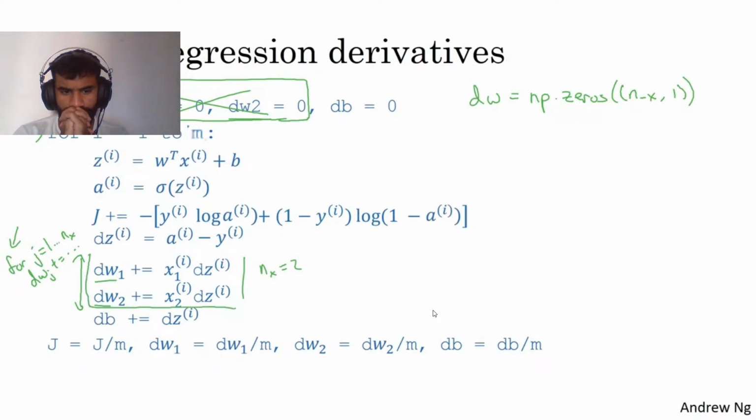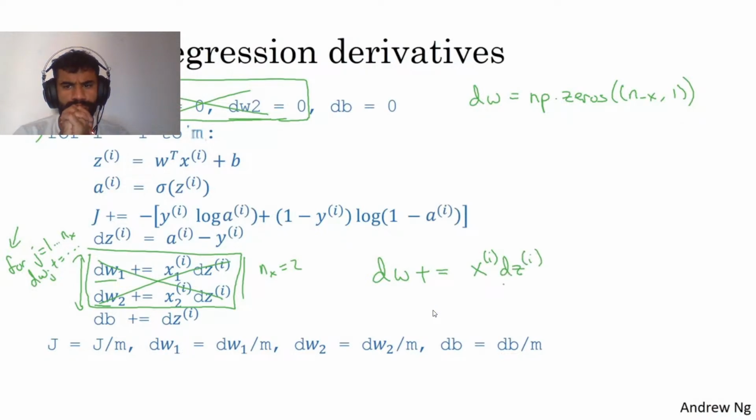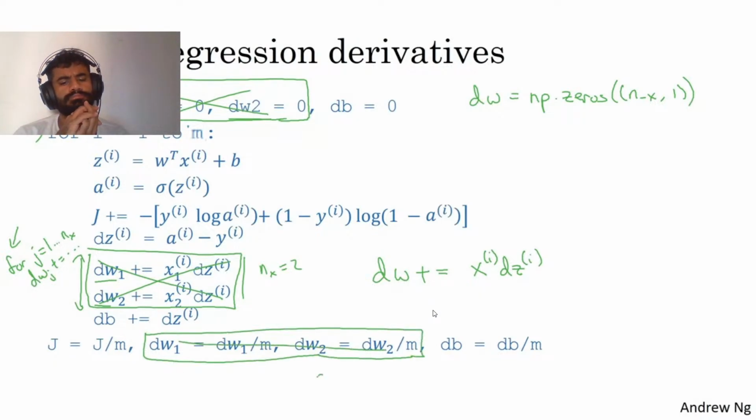Then here, instead of this for loop over the individual components, we just use this vector value operation, dw plus equals xi times dzi. And then finally, instead of this, we will just have dw divided by m. So now we've gone from having two for loops to just one for loop.